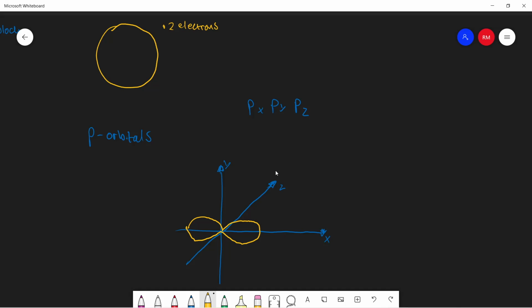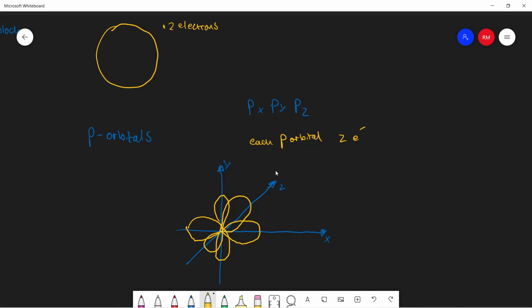Here's our px, here is our pz, I really should have drawn these separately, and here is our py. Each p orbital holds up to 2 electrons. So we know each individual orbital can hold up to 2 electrons.